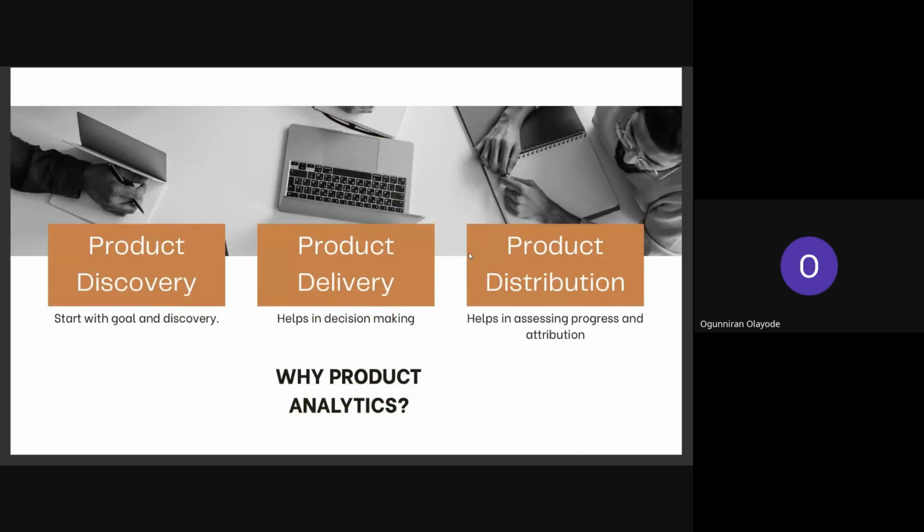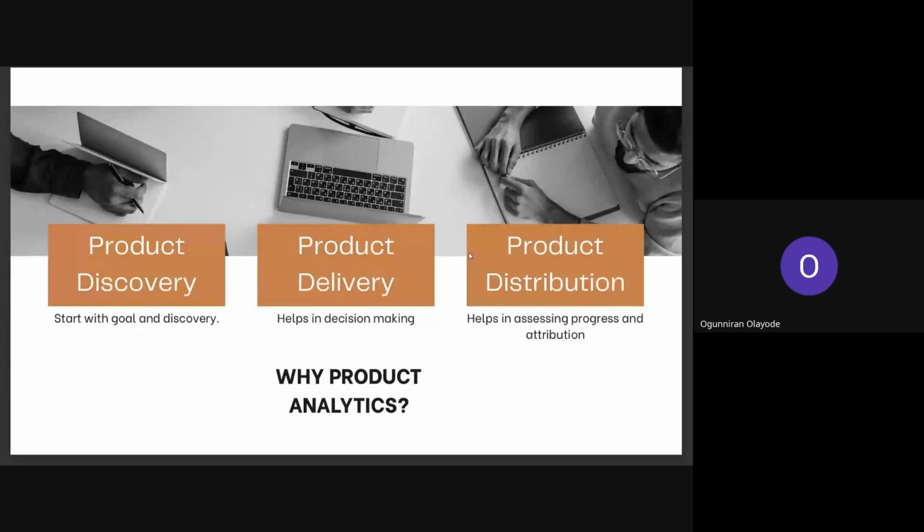And why product analytics? It helps in product discovery, product delivery, and product distribution. It is based on the information that you get from your user experience that will determine what the users need more. For example, I said some time ago I used a bank app as an example. They got to a point where they introduced a chatbot into the app, and they determined, based on the data they collected, that they needed to put a chatbot in because a lot of people want to interact with customer care.